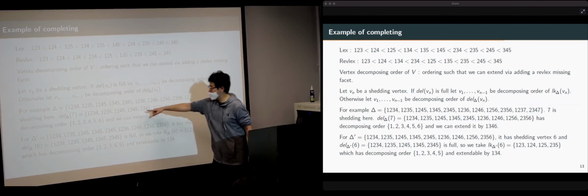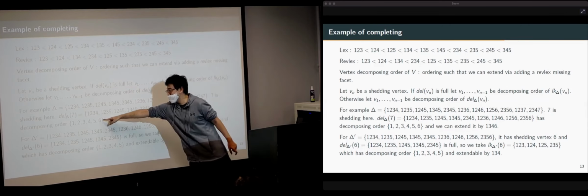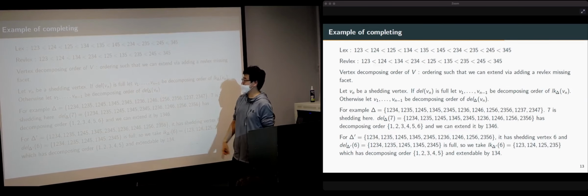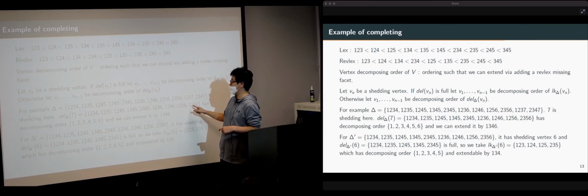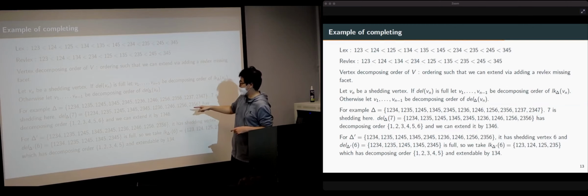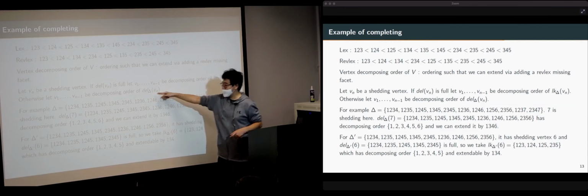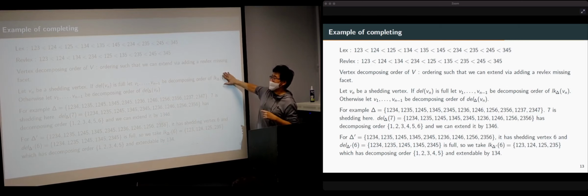But this complex is actually what we just studied. It had the decomposing order of 1, 2, 3, 4, 5, 6. And if we take the revlex minimum, that is 1, 3, 4, 6, that we can extend by, we can just, again, take the decomposing order 1, 2, 3, 4, 5, 6, 7. And then the revlex missing facet here is the same as the revlex missing facet there, so we can extend by that. So that's the recursion that allows us to find the facet that we can extend by.